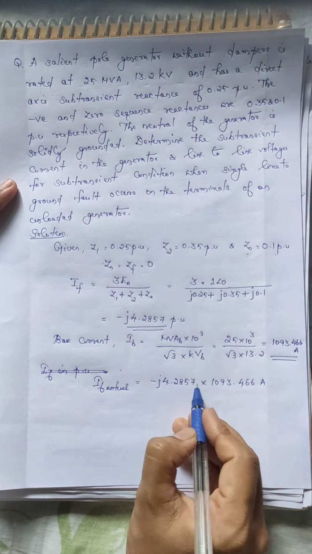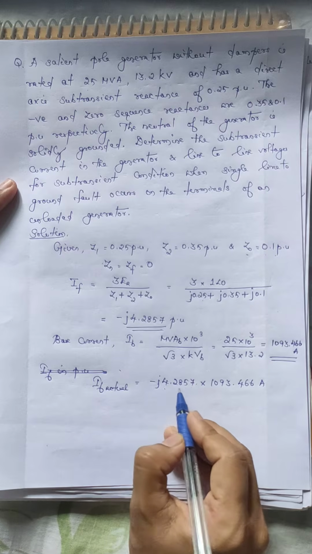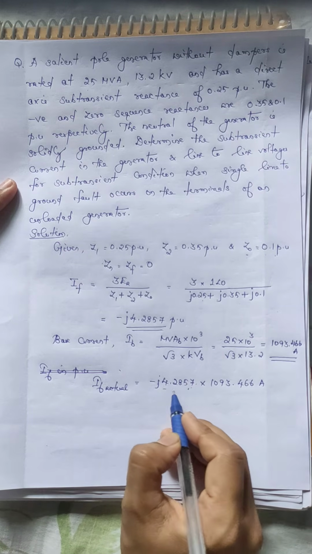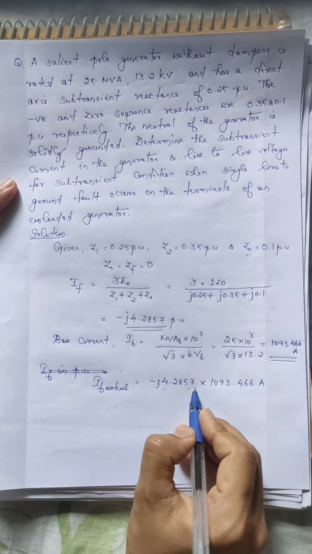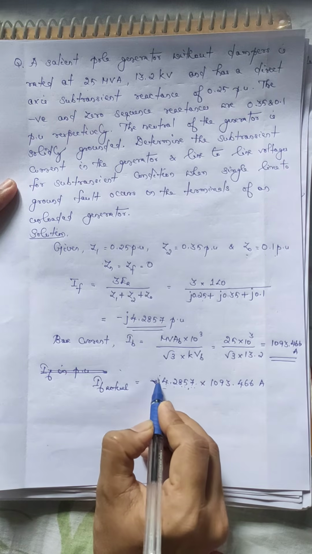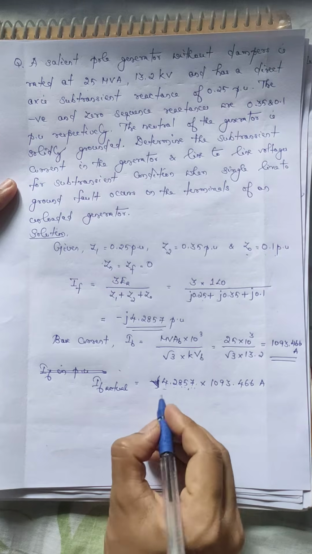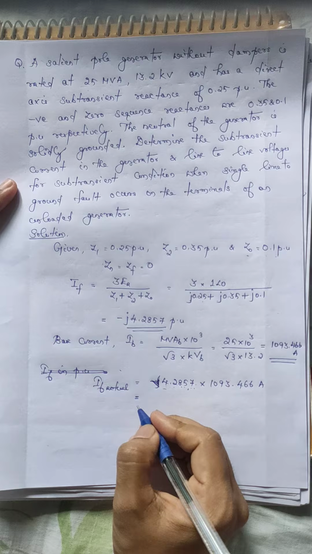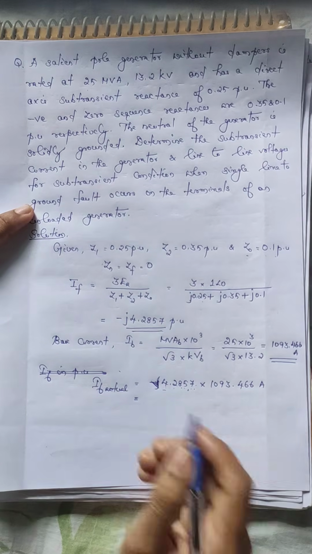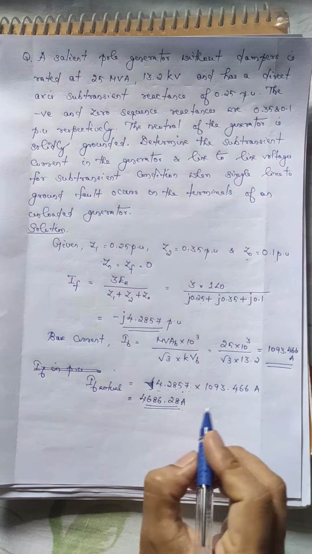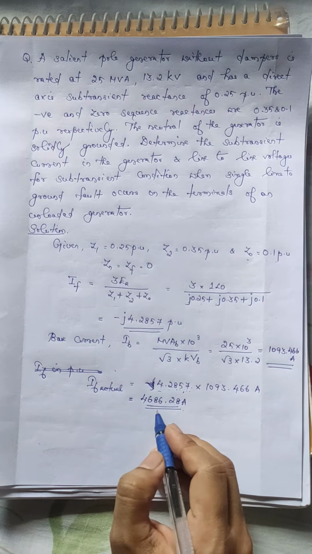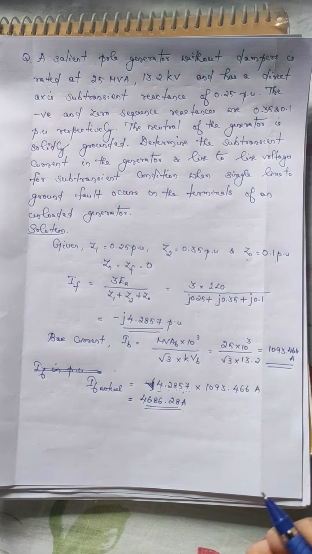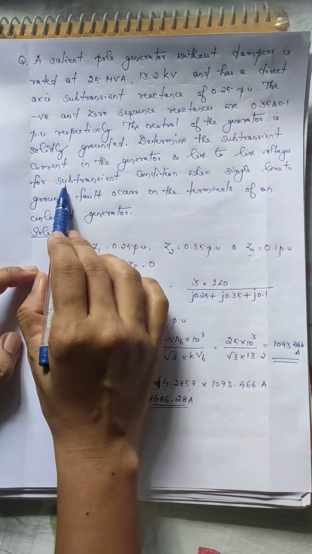So let us take the magnitude of this quantity only. When we express this in polar form, it will be 4.2857 angle minus 90. So I am taking the magnitude only. So 4.2857 into 1093.466 will be equal to 4686.28 ampere. So we get the actual value of fault current as 4686.28 ampere.